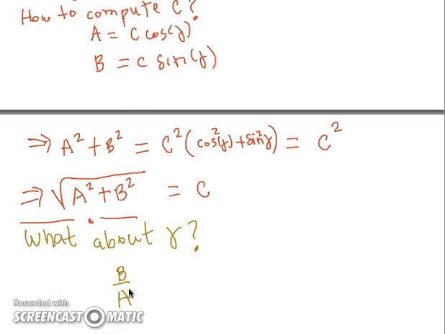Here's the definition of b, c times sine of gamma, and there is the definition of a. We divide b over a, the c's are going to cancel, and we will obtain that this is equal to tangent of gamma.